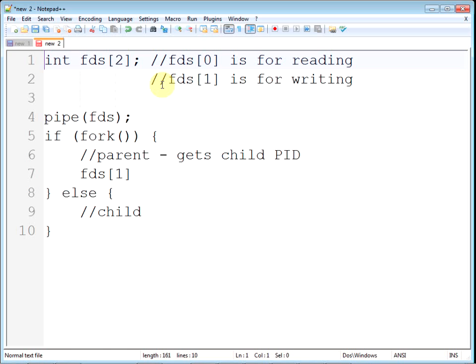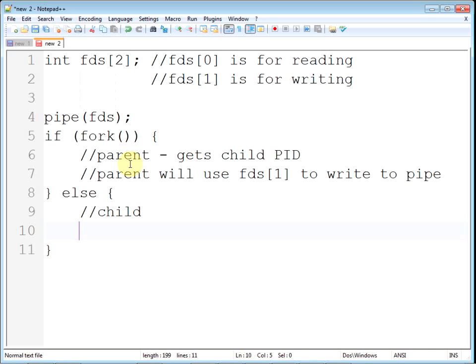Within the operating system they go by the numbers 0, 1, 2, 3, 4 like that, okay. So the parent will use FDs of 1 to write to the pipe, and the child will use FDs of 0 to read from the pipe.